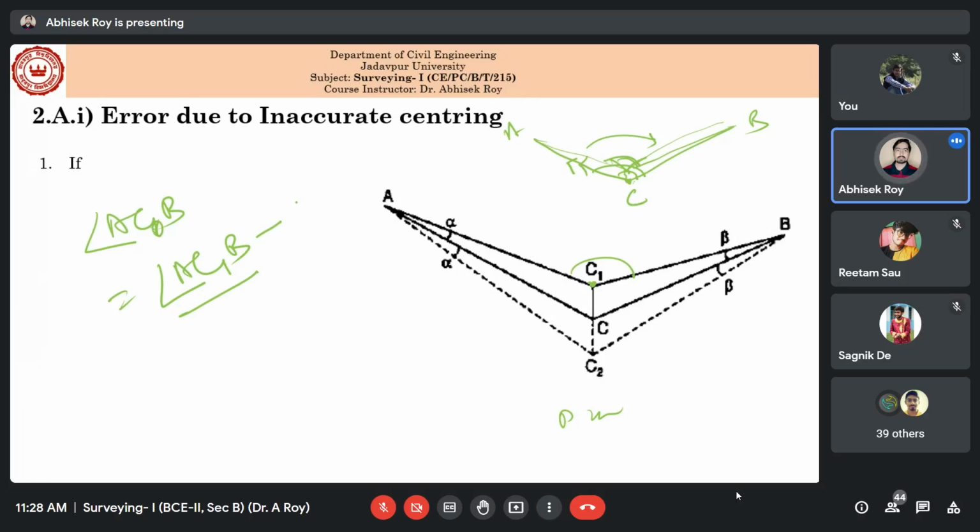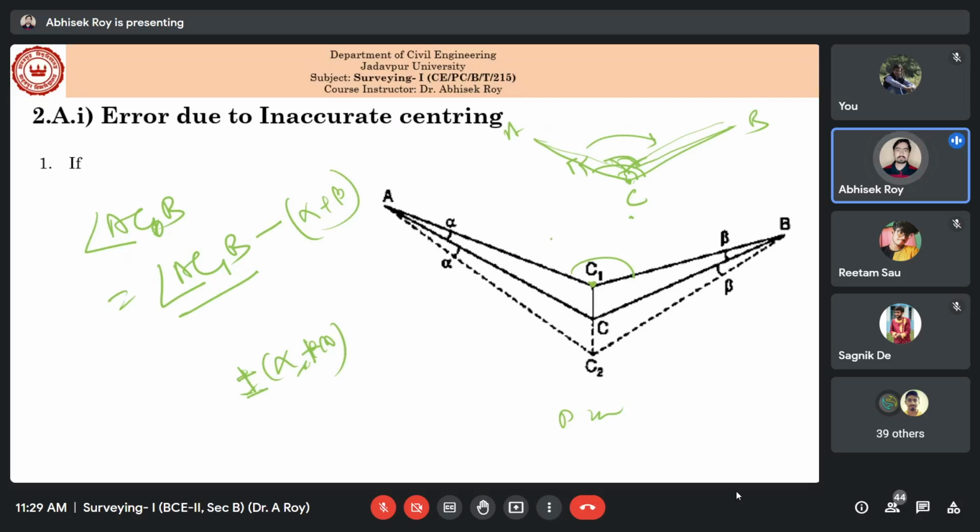So you are doing some sort of error in the measurements, and your error will be alpha plus beta, if this is alpha and this is beta. Now this error could be plus or minus alpha plus beta, depending on which side you have centered, on this side or on this side. So depending on that, it will be either plus or minus alpha plus beta.